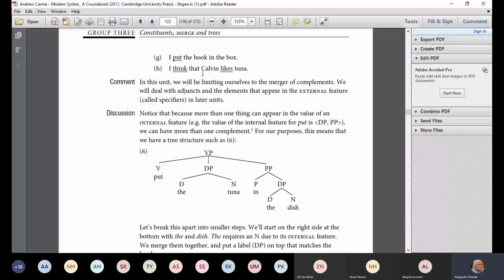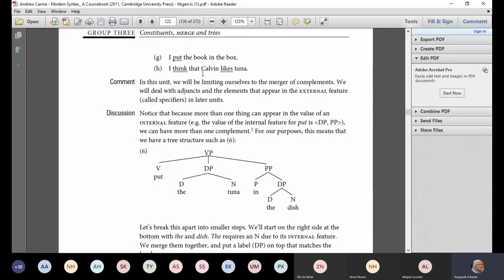On one hand, complement is the element which is required by the head. So please write it down. The complement is the element which is required by the internal specification of the head. Okay, and you've seen the kind of complement. This complement phrase is another kind of complement.